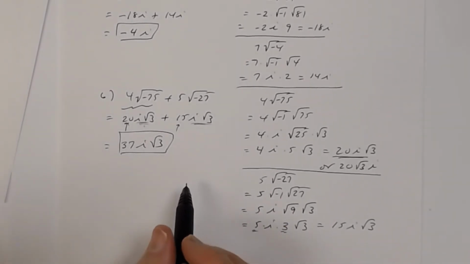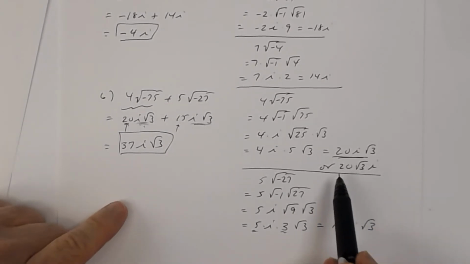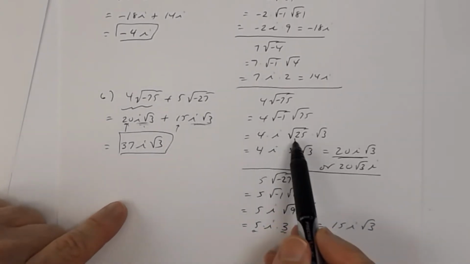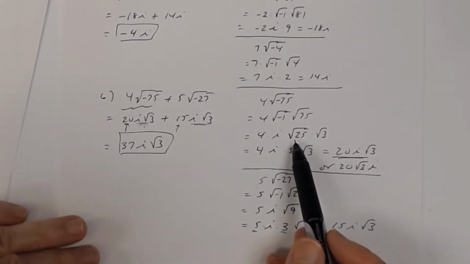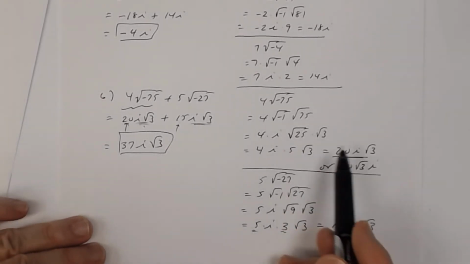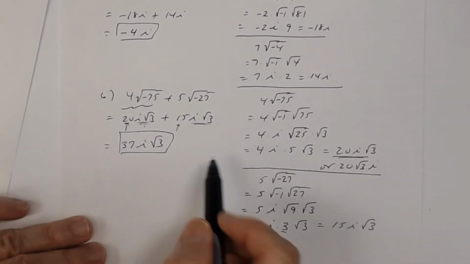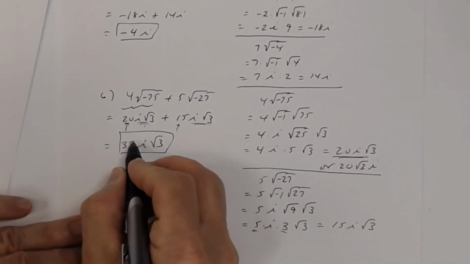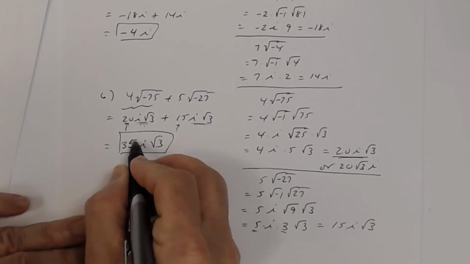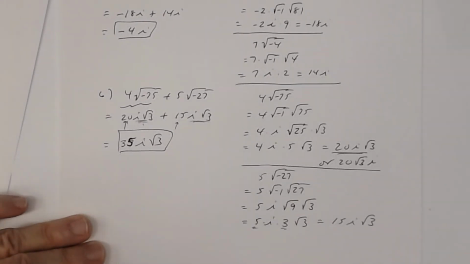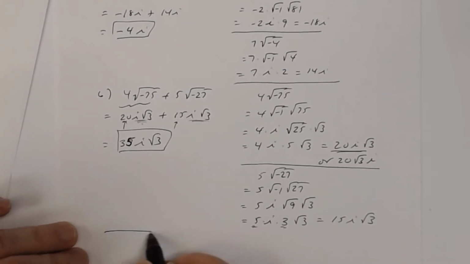All right, now before I go on, let me make sure I did this correctly. 5 times 4 is 20. Make sure I wrote down the problem correctly. And then, let's see, that's 9, so that's 15, right? Oops. Okay, so I don't know why I put 37. That should be 35, right? Okay, 35.